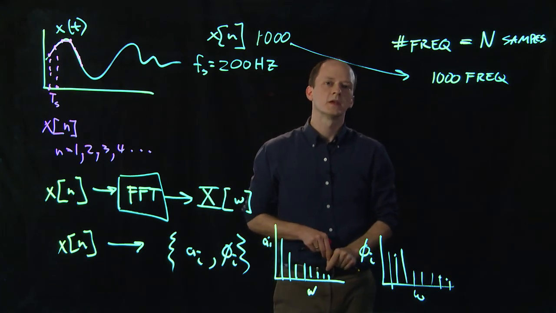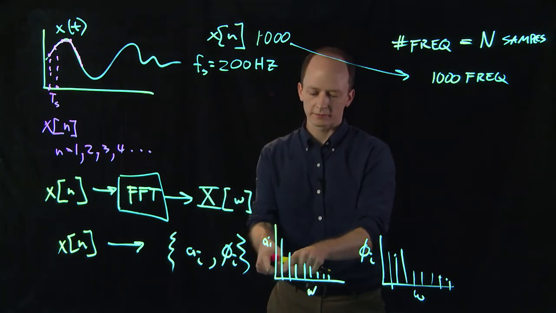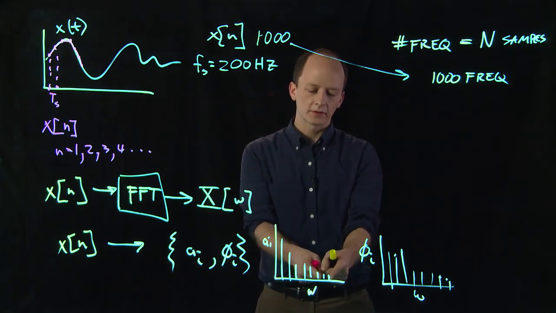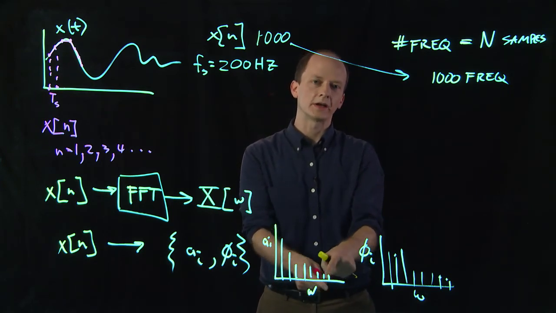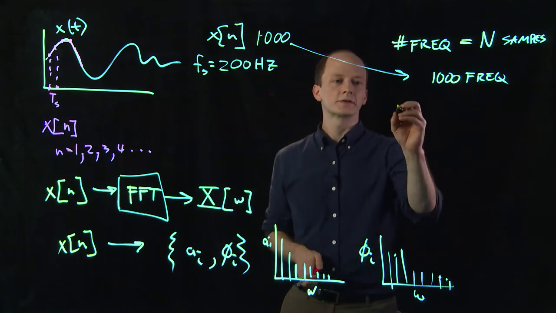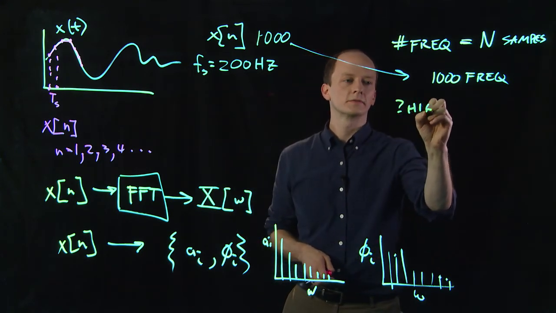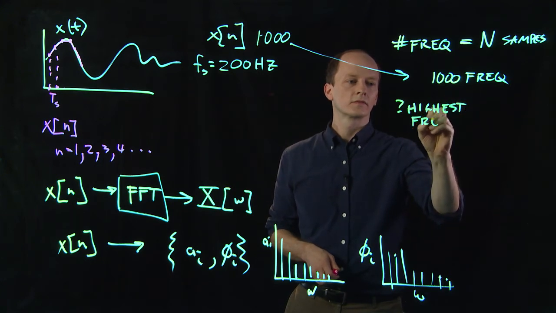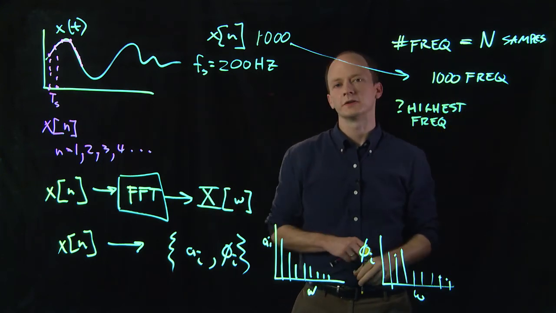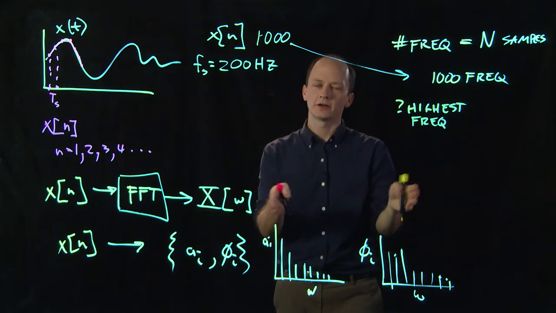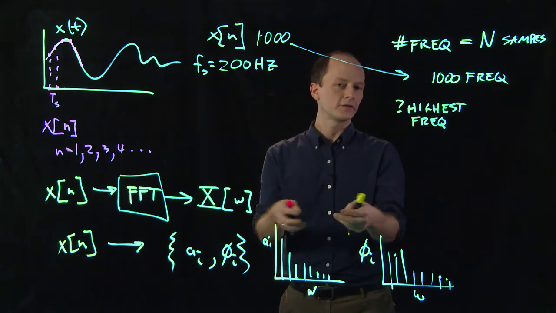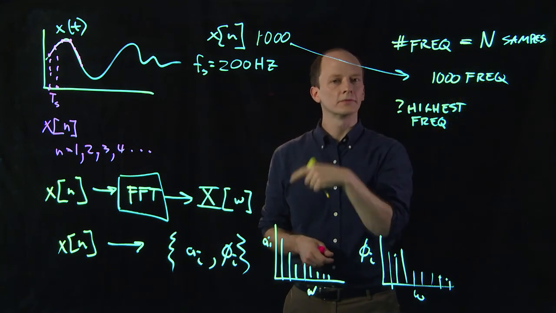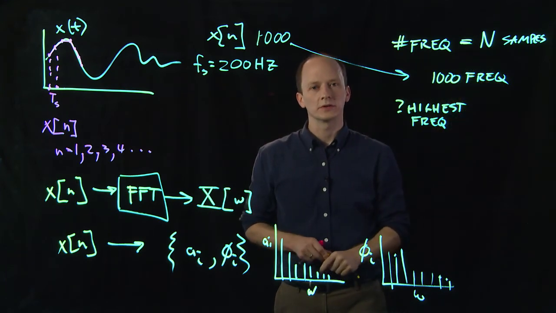Another question to ask is, given this amplitude versus frequency plot, what's the highest frequency on my x-axis, the highest frequency returned by the FFT? This one you don't have to take on faith. You can go back to what we talked about in terms of aliasing and sampling.